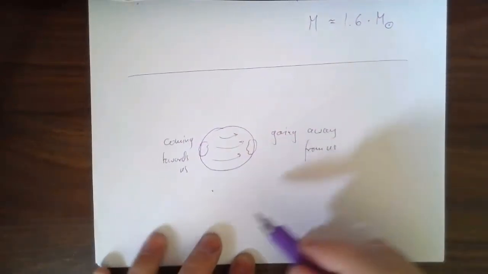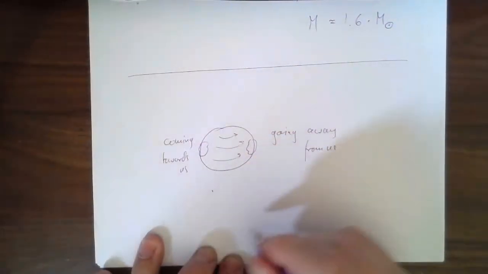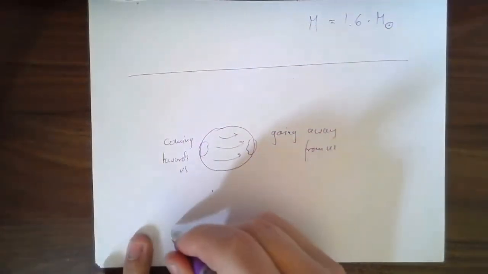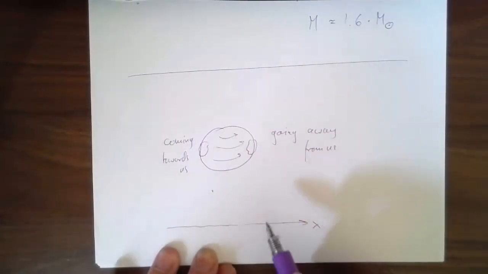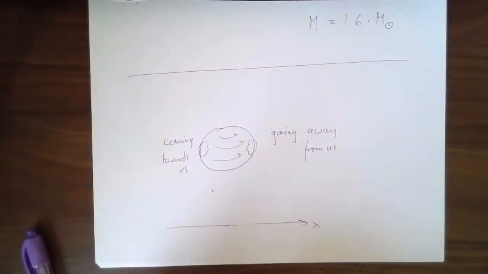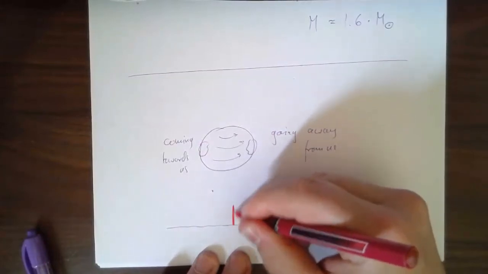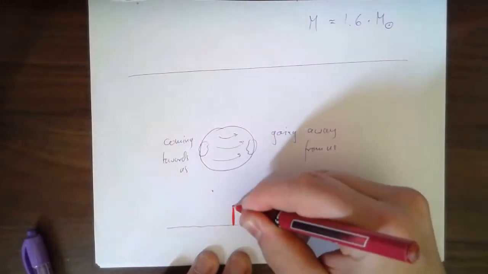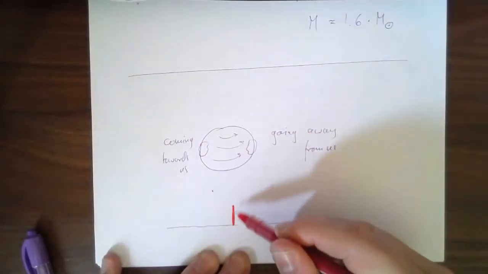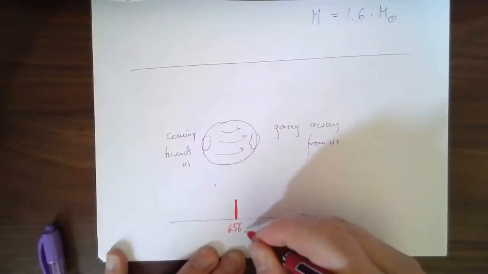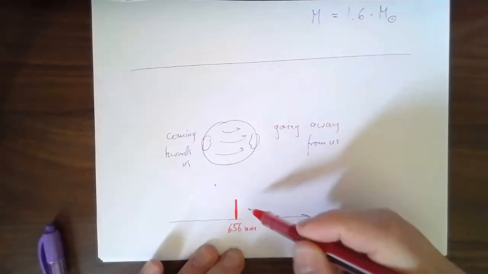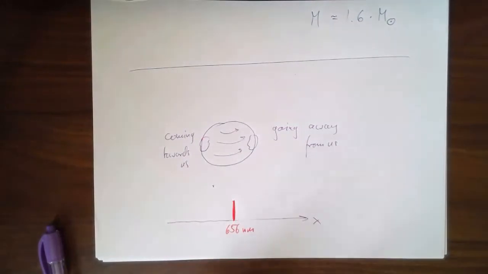So what does that do if you look at one of those spectral lines? The spectral line right now, if this is the wavelength, and you ask, where do I see something? You say, I'm seeing a bright light at 656 nanometers. That's what I expect to see. That is the hydrogen line that I was talking about.